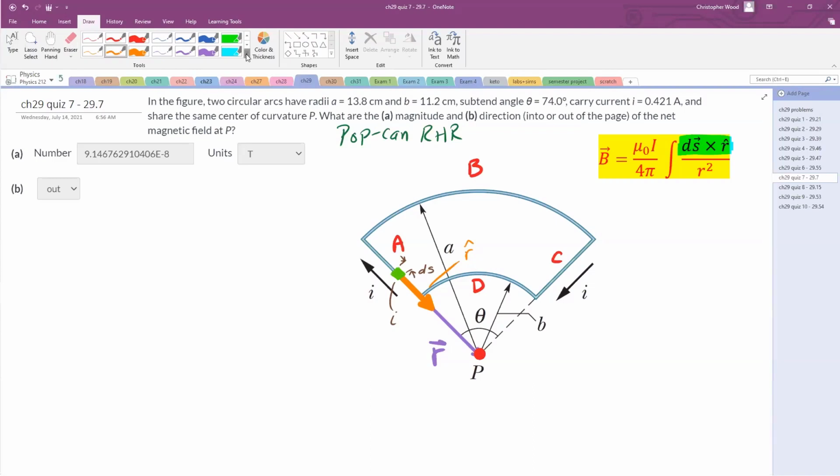What's the relationship between R hat and R? It's the same direction. R hat is just a unit vector. So for example, if the magnitude of vector R was 3.5 meters, the magnitude of R hat would be 1 meter. Because we unitize it, it's basically just a pointer, like a directional arrow that says, hey, you are here, green differential element.